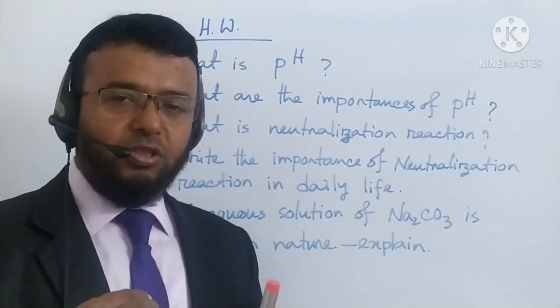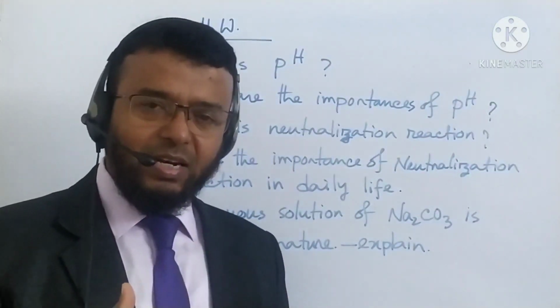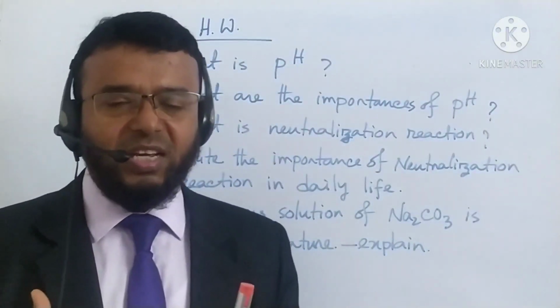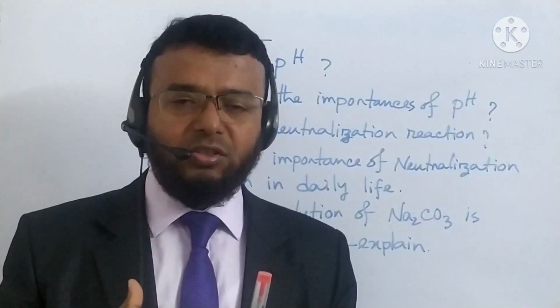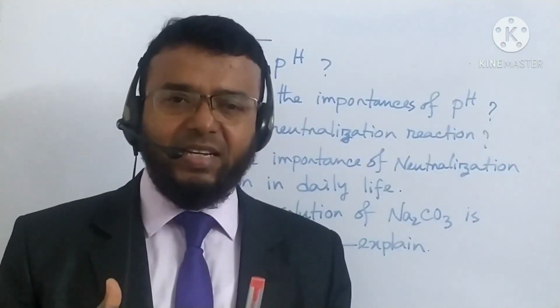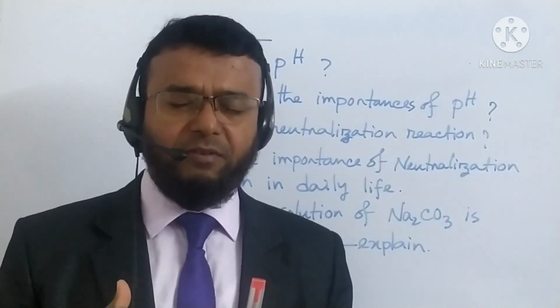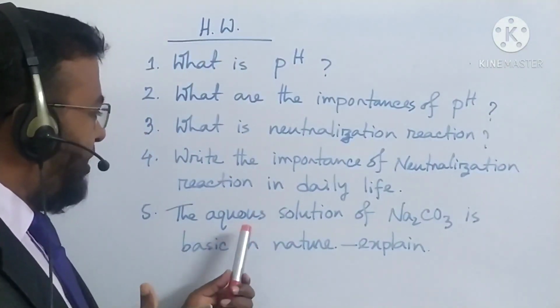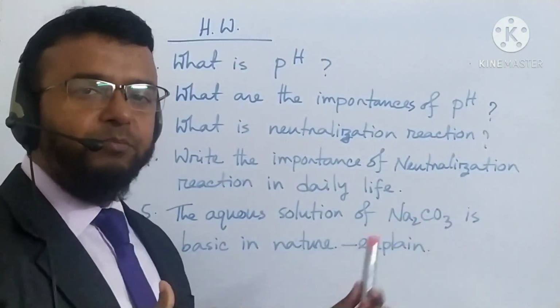Then I showed what is salt, what is basic radical, what is acid radical. Then you have seen different types of salt: one is neutral, sodium chloride, and another is acidic in nature, ferric chloride. Then I gave another type, the aqueous solution of sodium carbonate, which is basic.